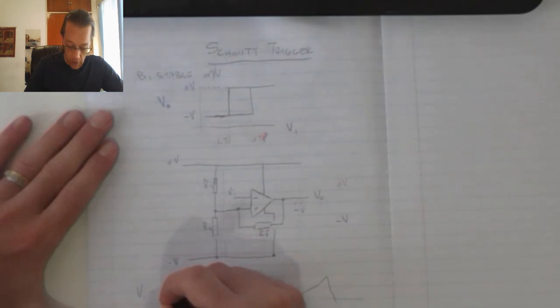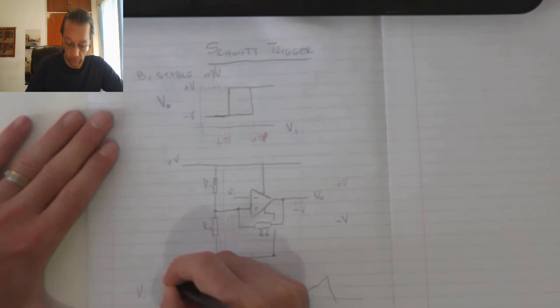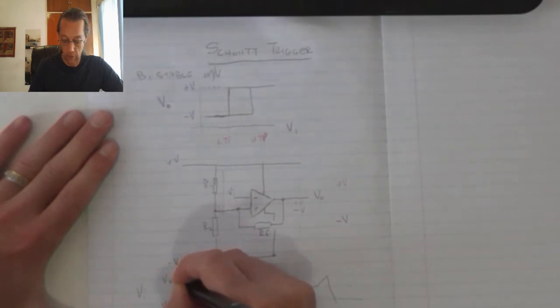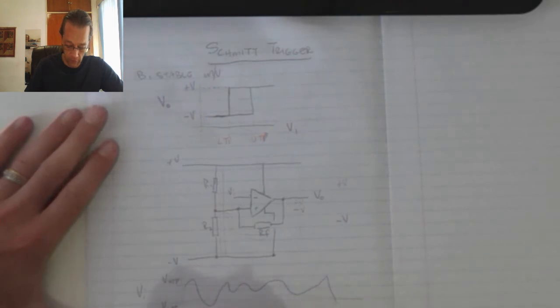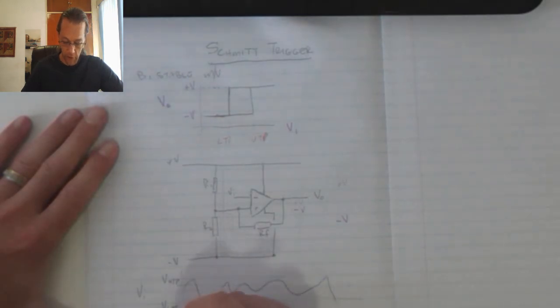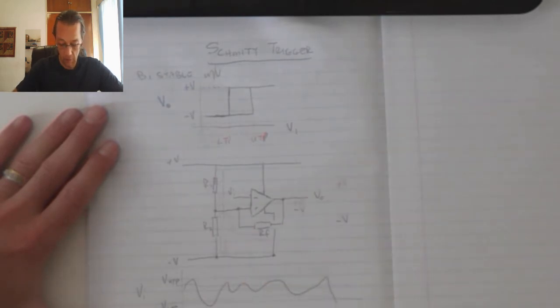This is my lower trigger point, that is my upper trigger point, and we're comparing this to the output voltage, where this is the level of the positive saturation and this is the level of the negative saturation.